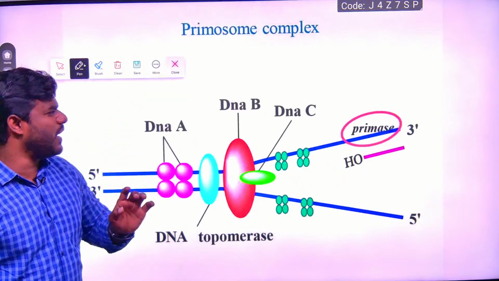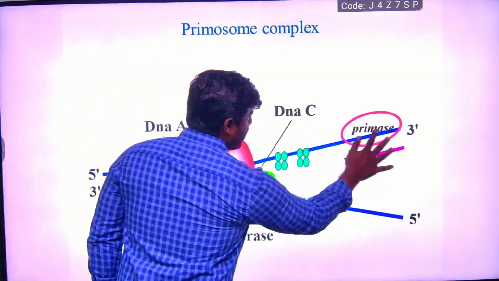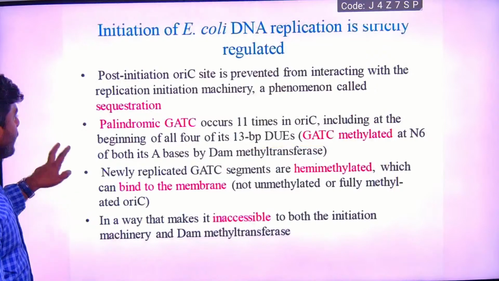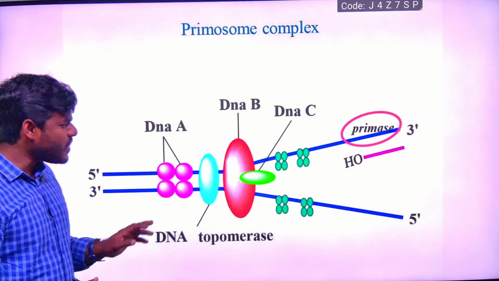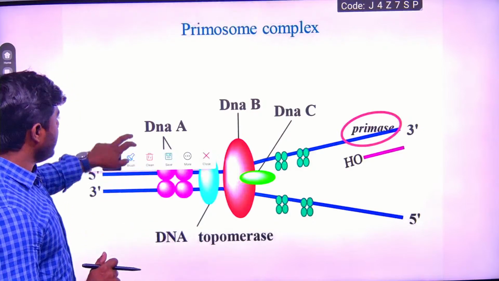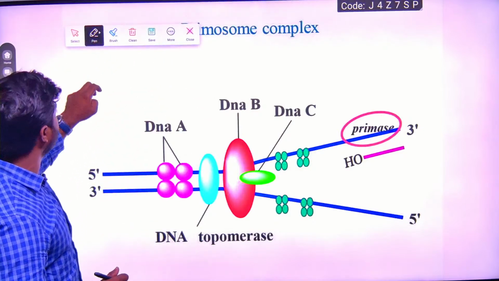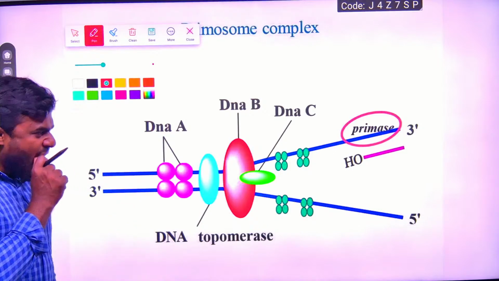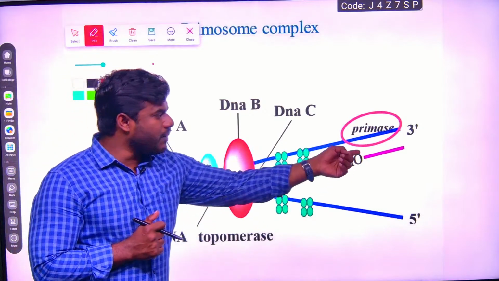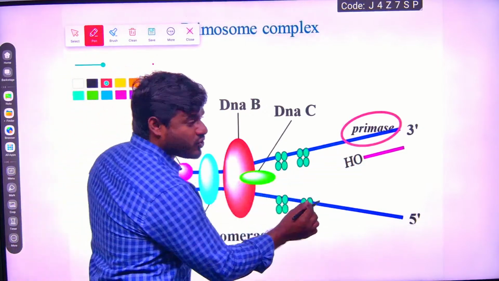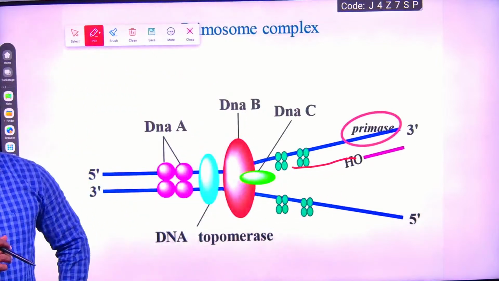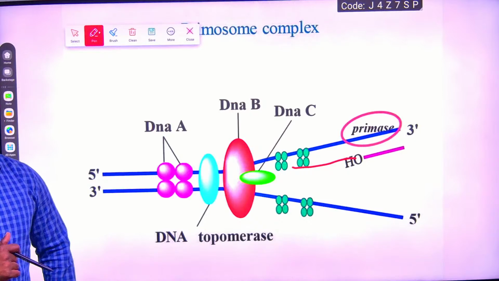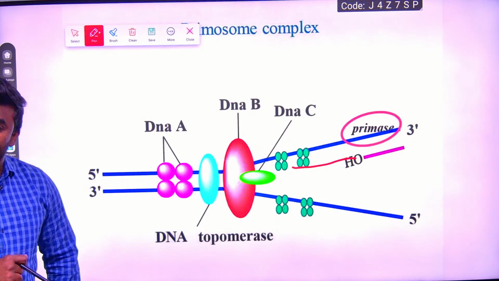It is so simple. Now what is most difficult? That is regulation. Okay. I'll explain in the next class, but I'll give you the overview here. What exactly is the regulation? Now use your brain and answer the given question correctly. After the primase adds the primer, which enzyme has to come? Polymerase has to come. It has to continuously synthesize the DNA, which is called elongation.